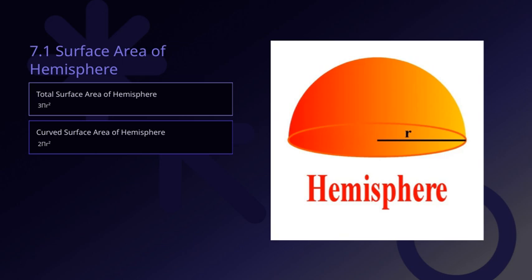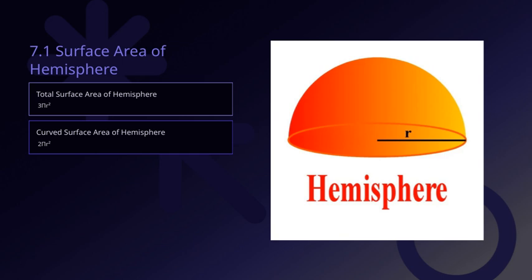Next, we have the total surface area of the hemisphere, which includes both the curved surface and the base. This total area is expressed as 3 times pi times the radius squared. Essentially, it's the curved surface area plus the area of the flat circular base, which is pi times r squared. Understanding these formulas is important because they help us calculate how much material or paint is needed to cover a hemisphere or how to determine surface properties in real-world applications.